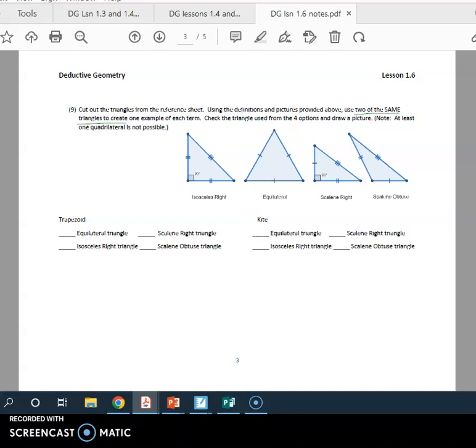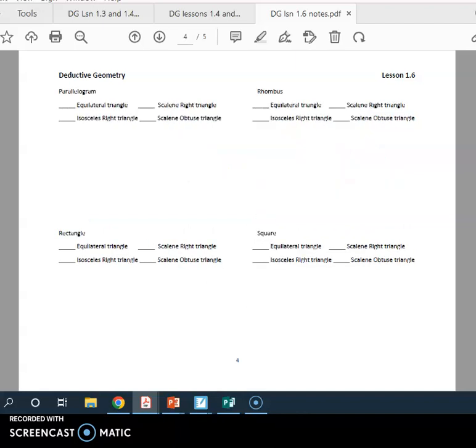So let's go ahead and cut the triangles out. And I'm going to encourage you to turn the video off. And then when you're ready to begin, let's jump down to the activity that involves the rectangle. And can you figure out which two triangles put together would make the rectangle?